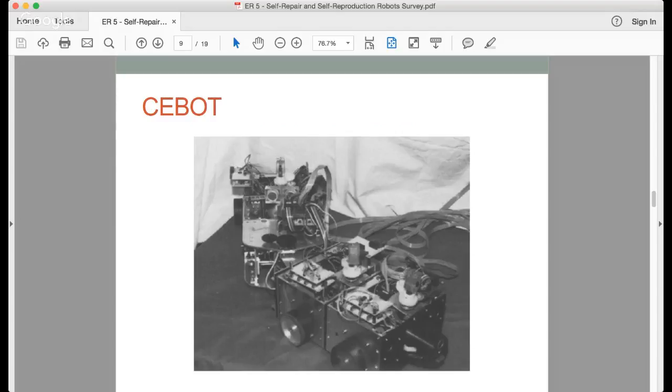The self-repair method they proposed consists of 3 steps. Number 1, failure detection. Number 2, degeneration signal. And number 3, degeneration. Failures can be detected by the units involved in the connection network. If a defective unit does not respond to a signal from an active unit, a degeneration signal is transmitted by the units that have detected the failure, and the signal is propagated to the overall system.